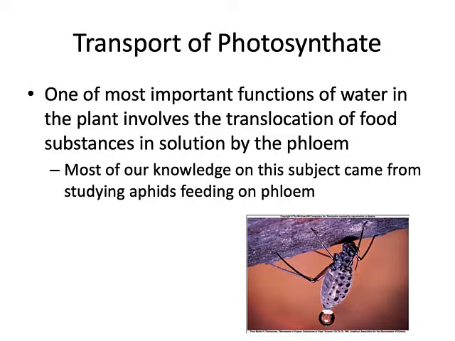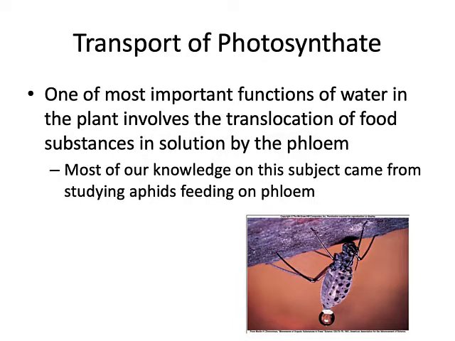One of the most important functions of water in the plant involves the translocation of food substances in solution by the phloem. In fact, most of our knowledge of this subject came from studying aphids feeding on phloem. Aphids pierce the phloem with a sucking needle mouth part. Turgor pressure in the plant forces the photosynthate fluids through the animal's digestive tract and out the rear.